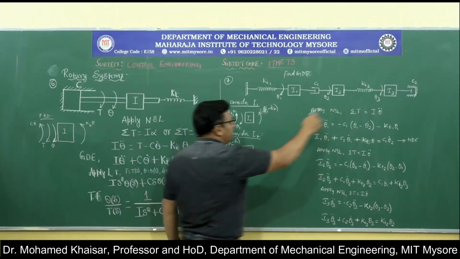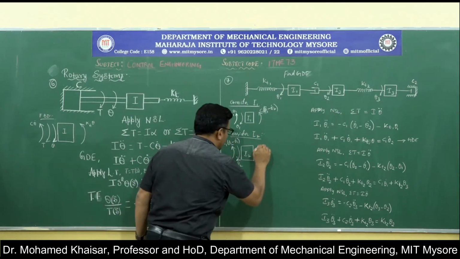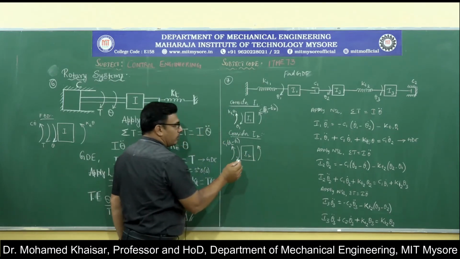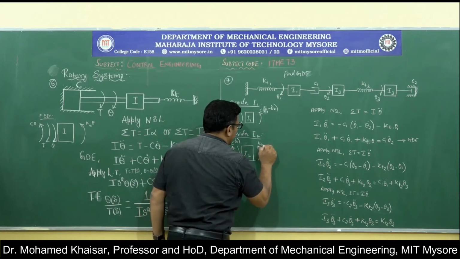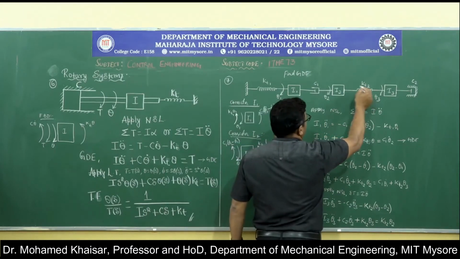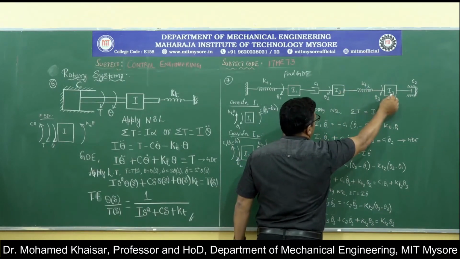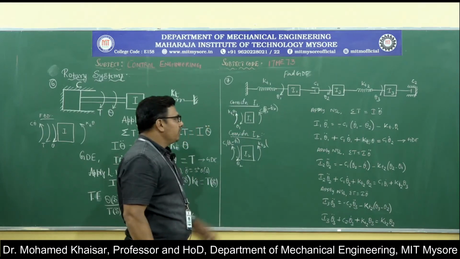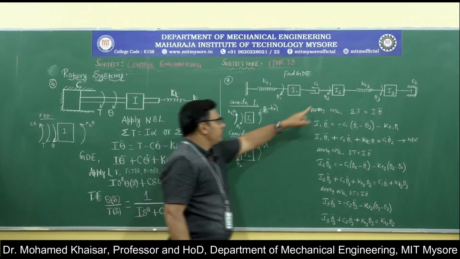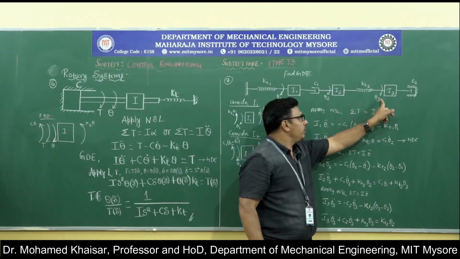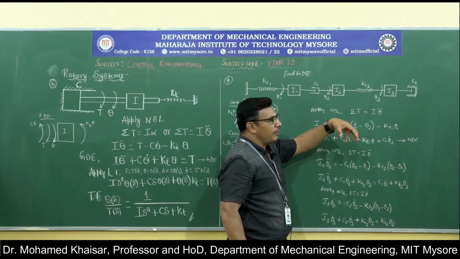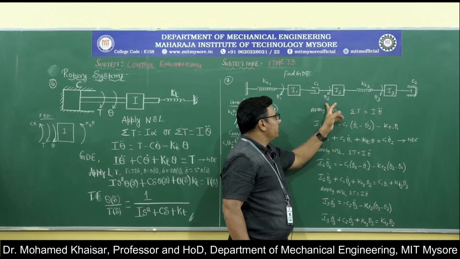Then the spring present on the other side will offer a resisting component in a direction opposite to theta 2, with a magnitude of KT2 into, see, this spring is again connected to I2 as well as I3. So, therefore, the resistance offered by KT2 will be equal to KT2 into theta 2 minus KT2 into theta 3, because it tries to resist the movement of I2 by KT2 into theta 2.